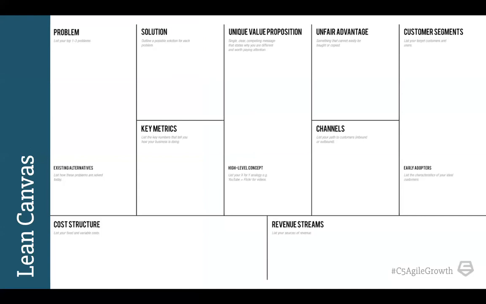And to use this as a way to iterate and then test those iterations out, right? So here you define your business in many different sections, such as key metrics, problem, solution, unique value proposition.